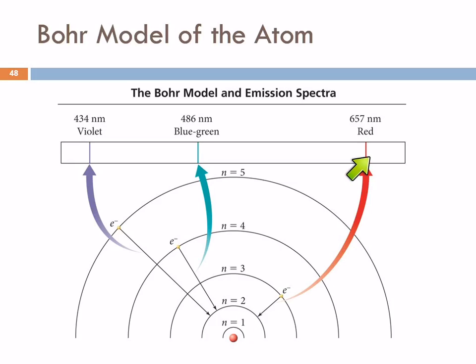So this is going to be low energy, and this is higher energy. It'll be a lower energy photon. You get one photon for each electron doing a leap from one level to another.